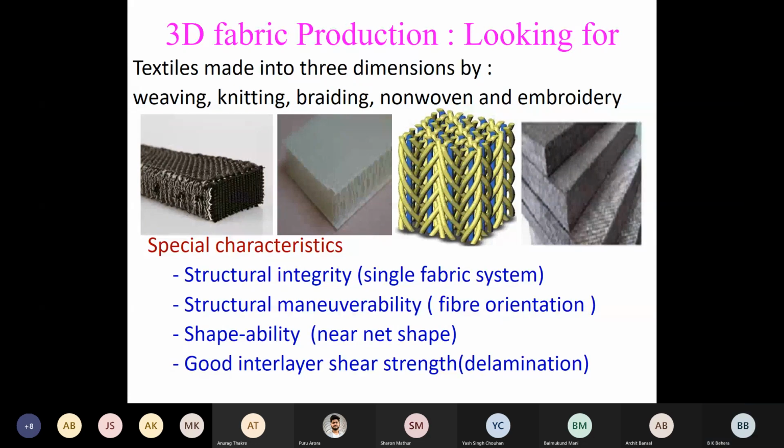And there are 4 special characteristics mentioned here for 3D fabrics. You should understand these, and in future you will try to correlate these 4 special characteristics of the 3D fabric. First is structural integrity.